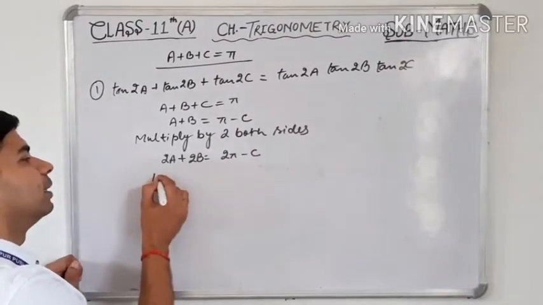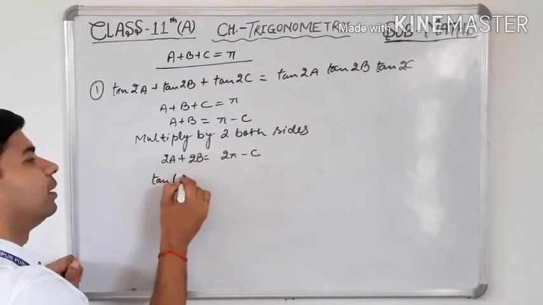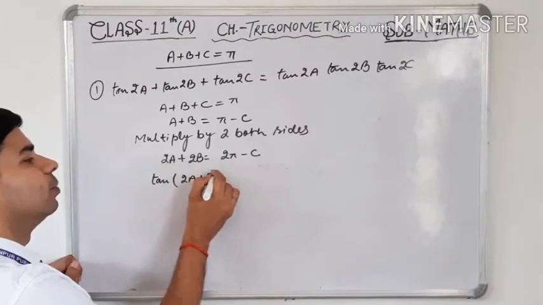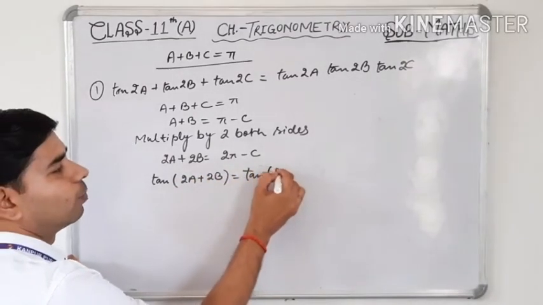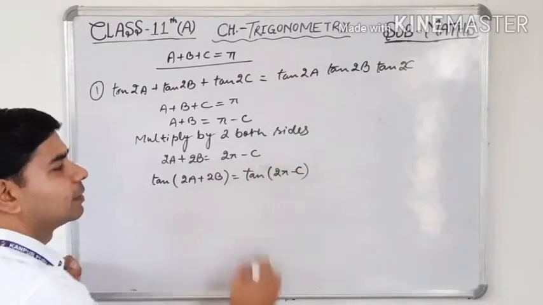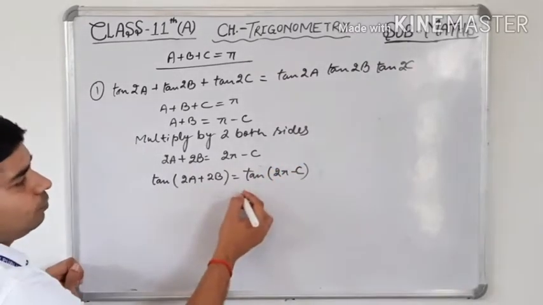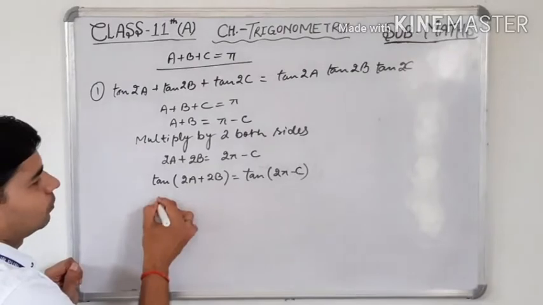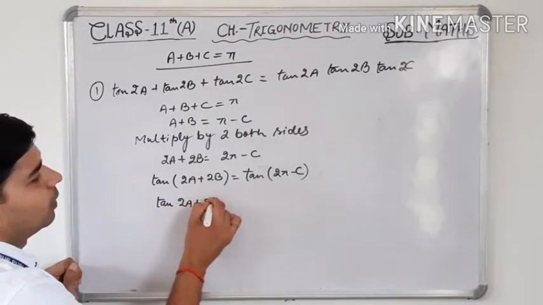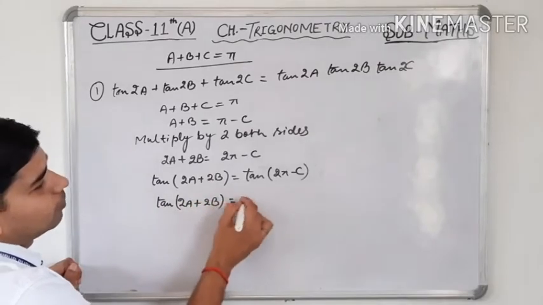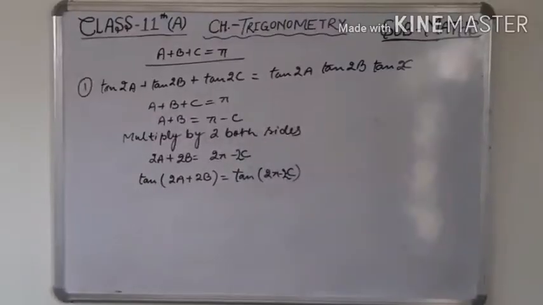Now taking tan on both sides, tan of 2a plus 2b equal tan of 2 pi minus 2c.